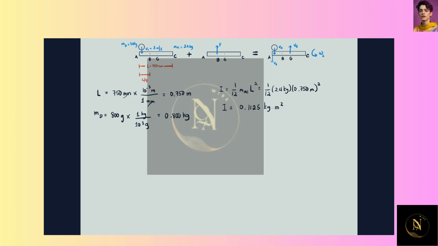After the impact, the linear velocities can be expressed in terms of R and omega.